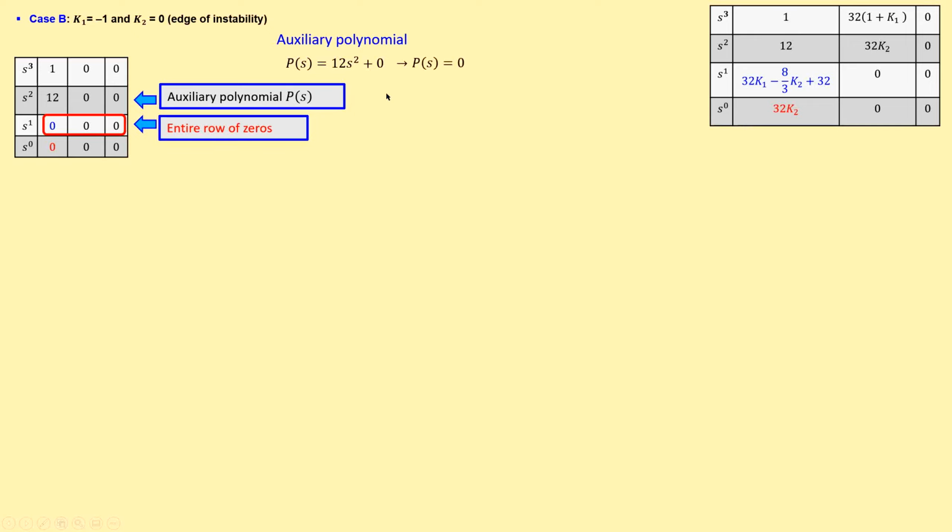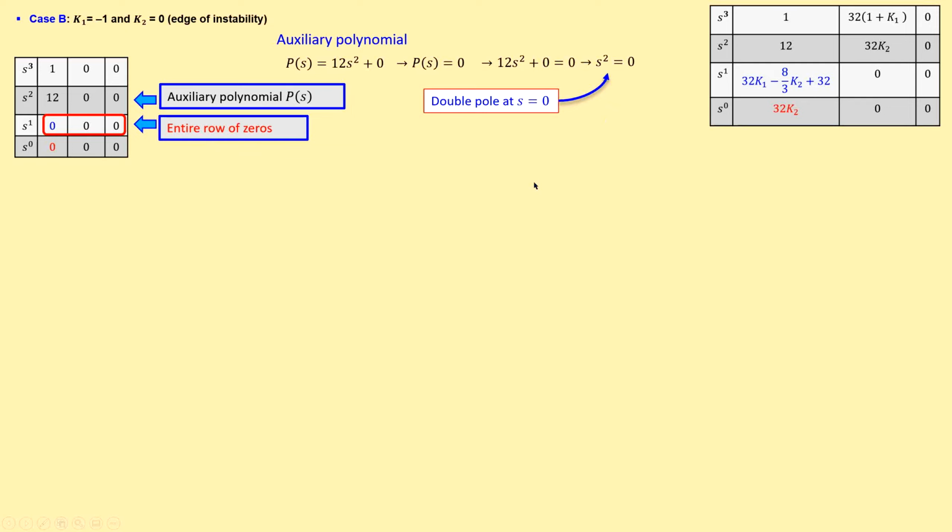If I now again want to calculate the associated pole for this one, I just equate it to 0. If I calculate this, you will have s squared equal to 0. S squared equal to 0 means there are two poles, because the condition here is that s is equal to 0 and s is again equal to 0. So you have a double pole at s equal to 0.